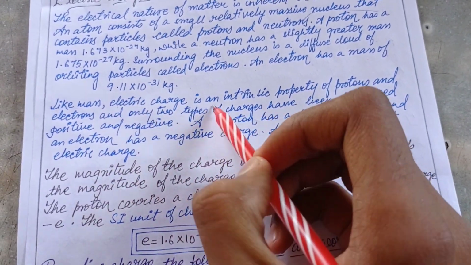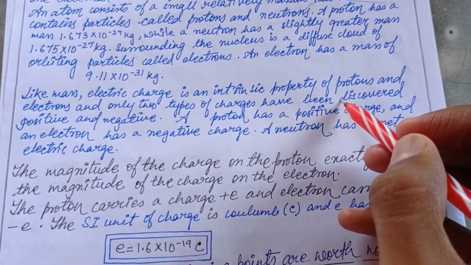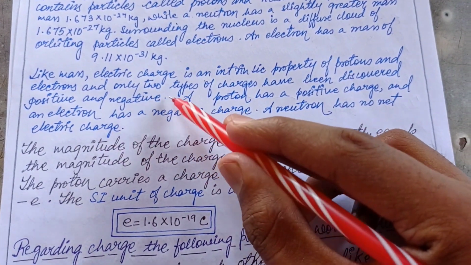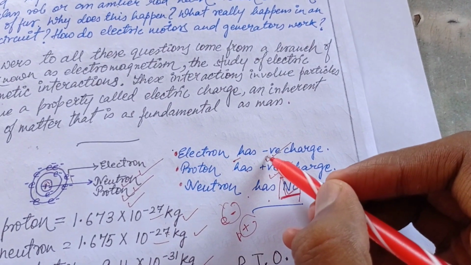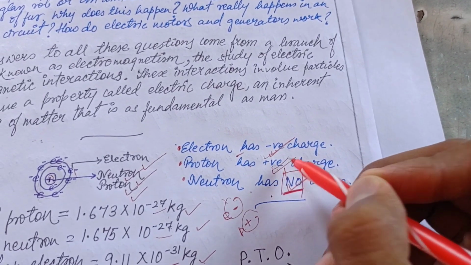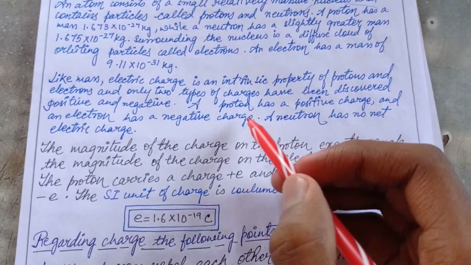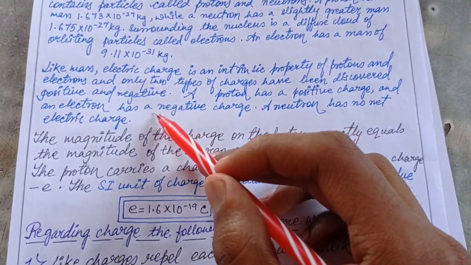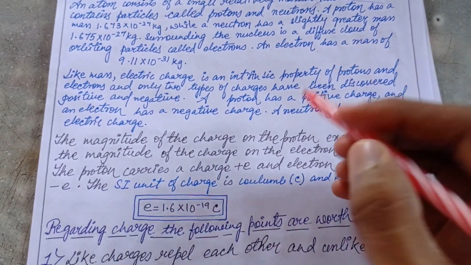Like mass, electric charge is an intrinsic property of protons and electrons, and only two types of charges have been discovered. We'll be discussing only negative and positive, because neutrons have no charge. Only two charges have been discovered till now, positive and negative.